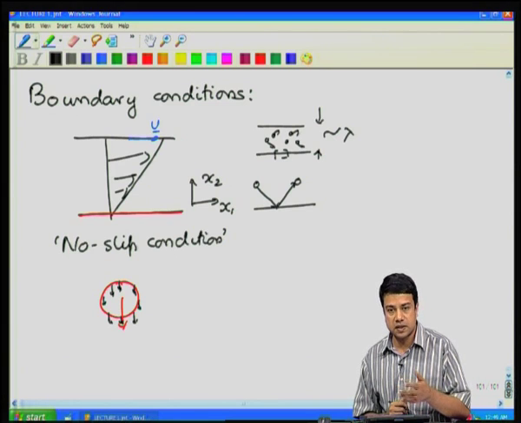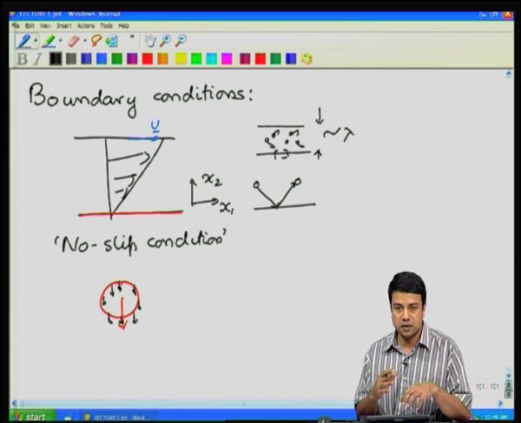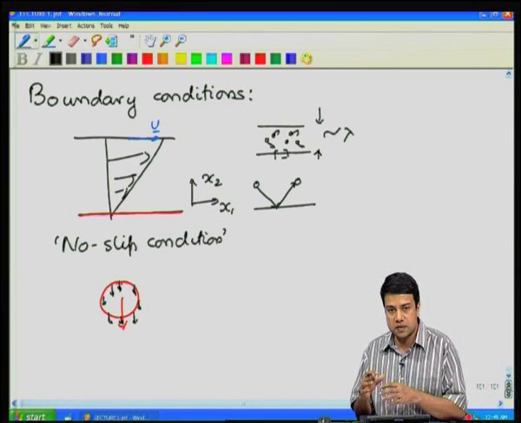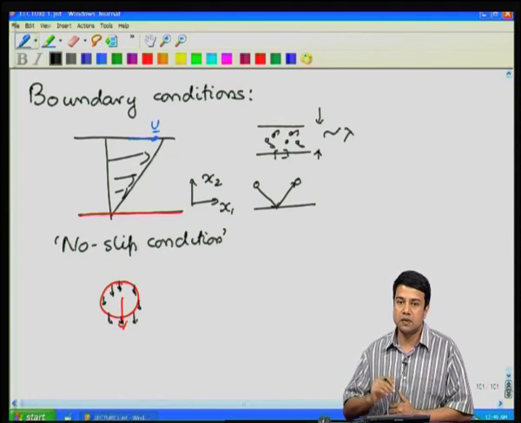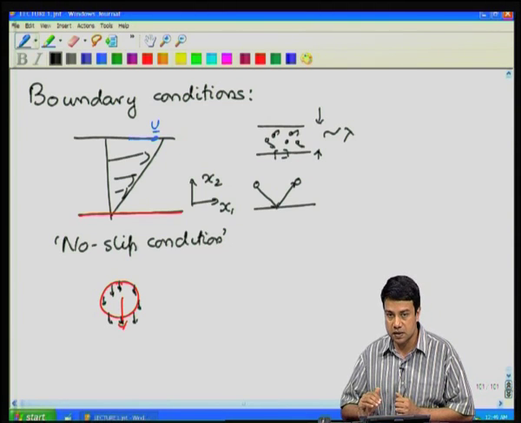You do not enforce stress boundary conditions. The particle is sufficiently rigid that it can balance any fluid stress that is exerted on it without deforming. So, you enforce velocity boundary conditions, you do not enforce stress boundary conditions at solid surfaces. Similar to the case of heat transfer, where you would enforce temperature boundary conditions at the surface.